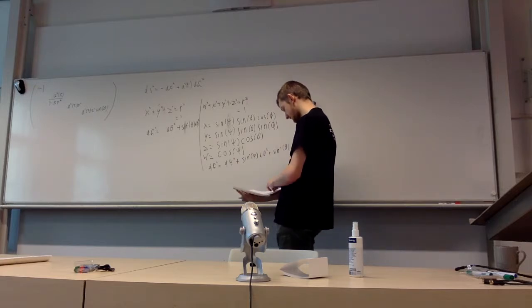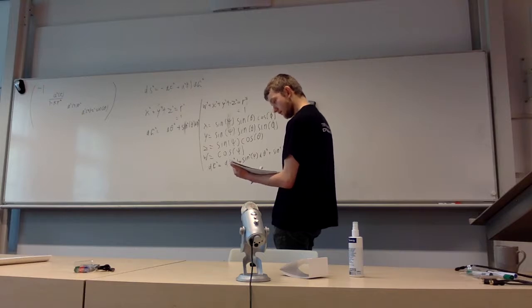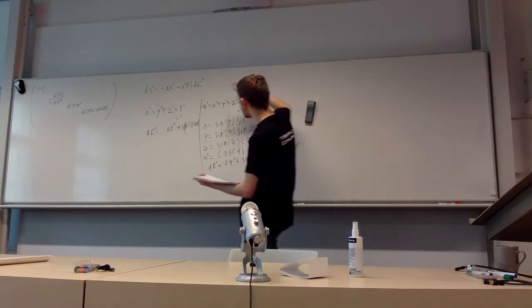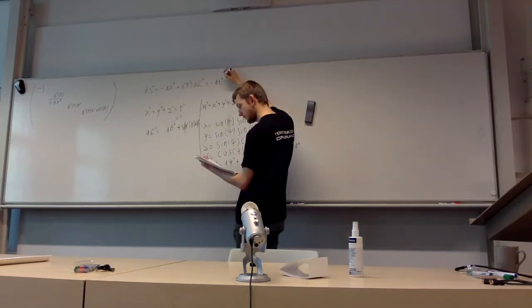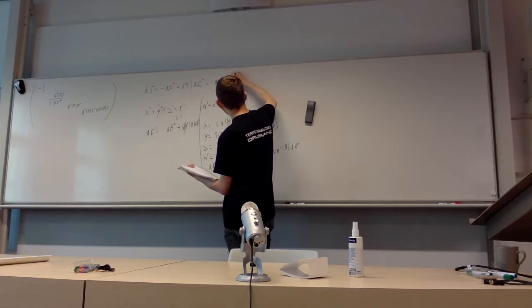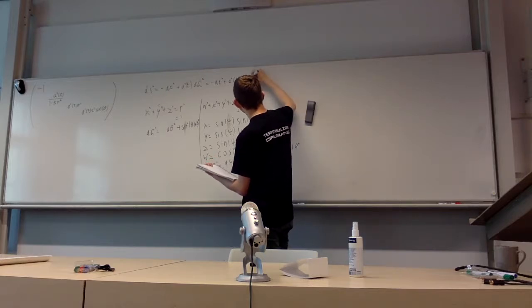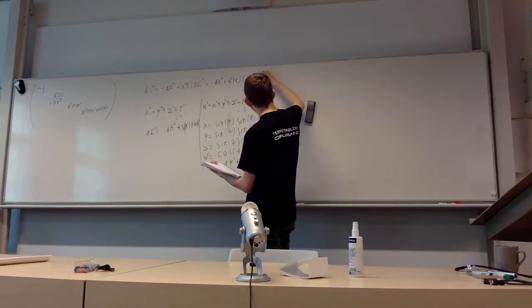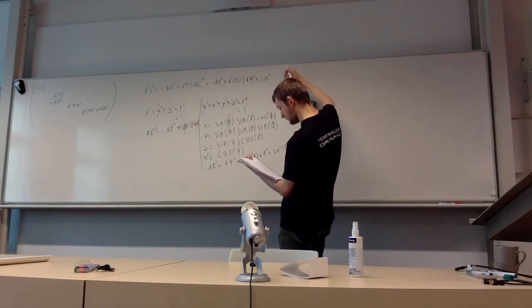So if you would do that, you'd end up with dt squared, taking some things outside the brackets here as well.